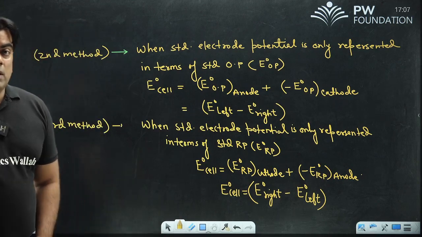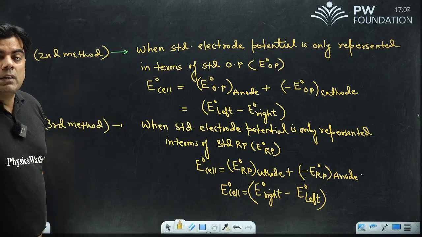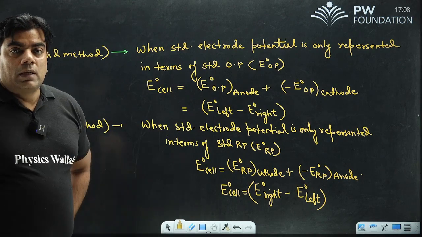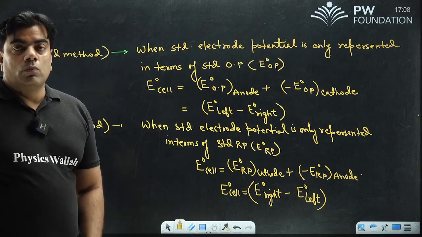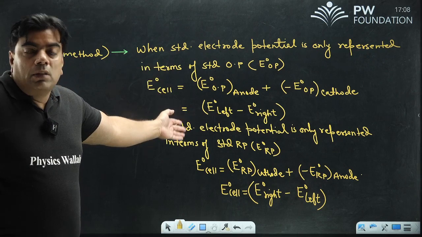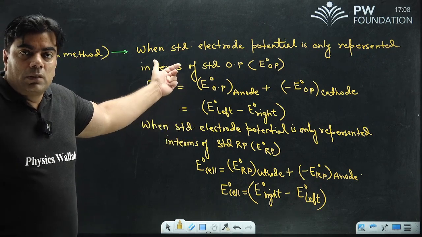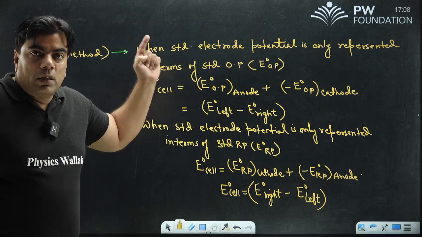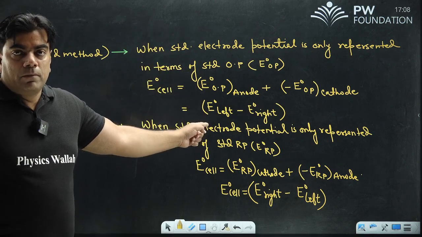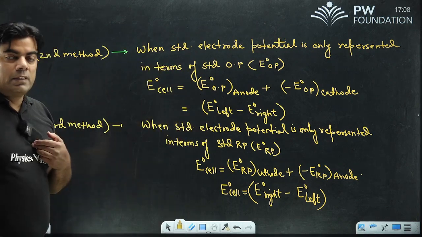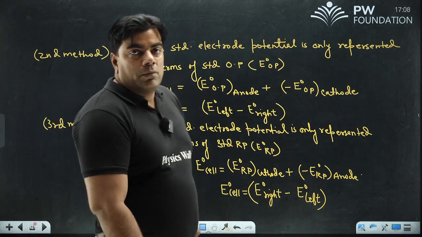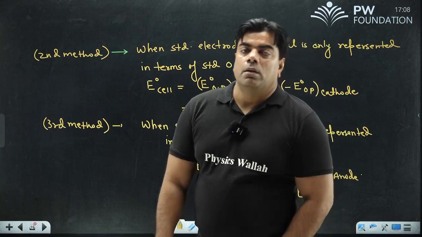Non-standard EMF of cell can only be calculated by Nernst equation, and a standard EMF of cell can be calculated by using these three methods. You can select any one of the methods, but my personal suggestion is that always use the first method for the calculation of a standard EMF of cell.